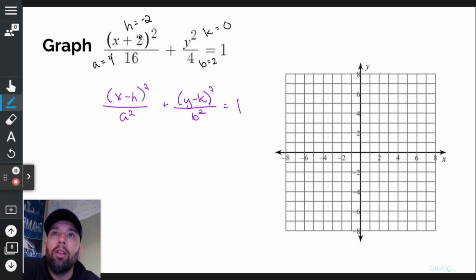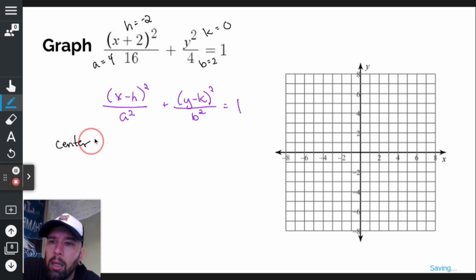So now I have all this information right here. Okay, the center of this is h, k, so my center of my ellipse is going to be -2, 0.